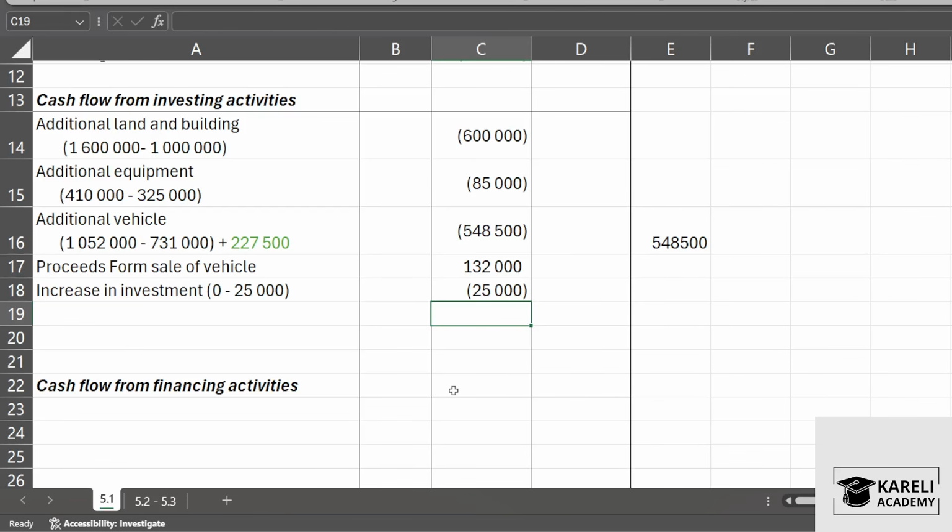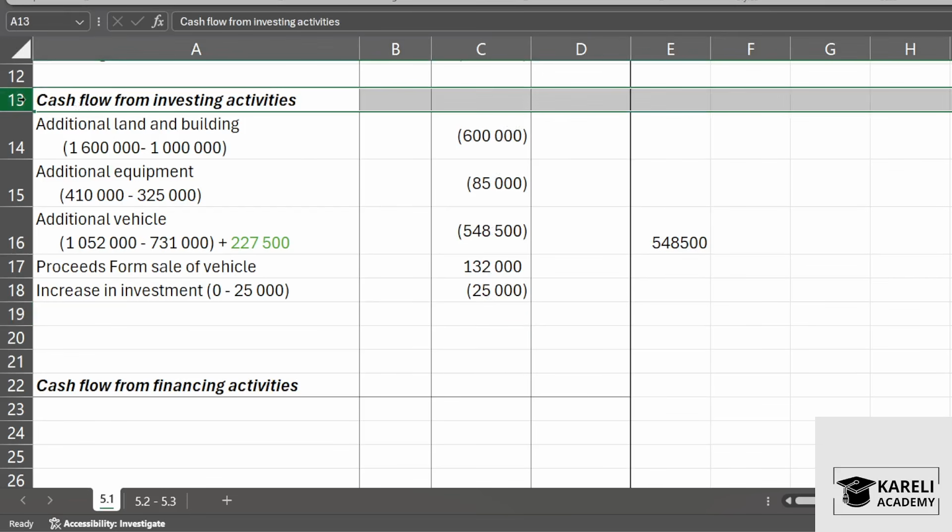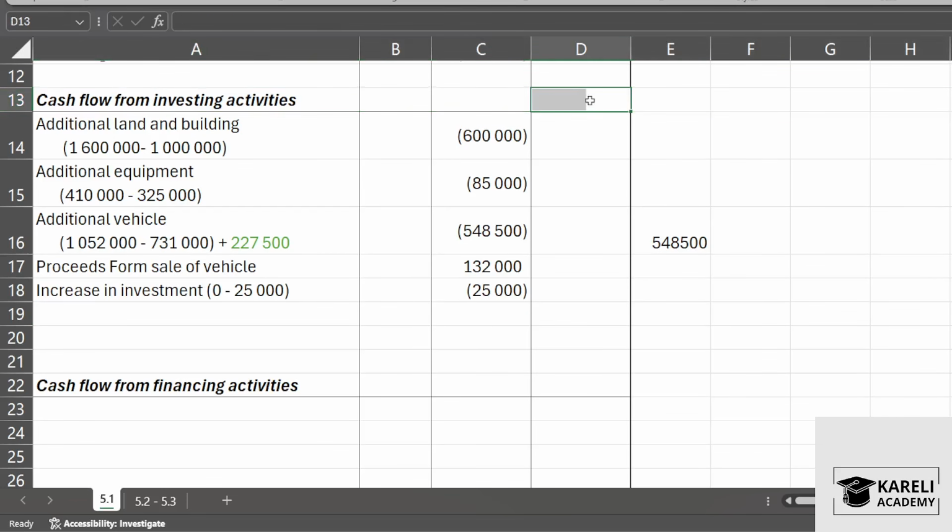Do we see that? Right? And then when we are done with that, we must add this. On your calculator, you start with minus 600, minus 85,000, minus 548,500, plus 102,000, minus 25,000.